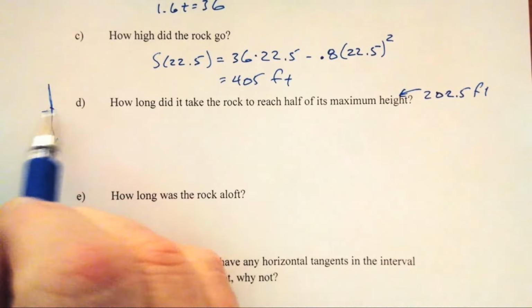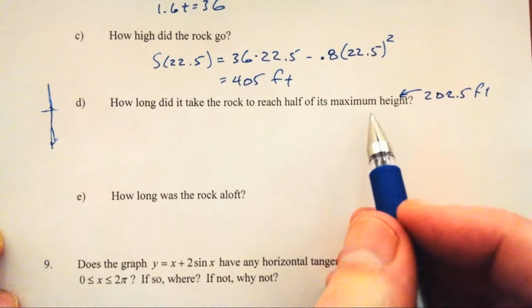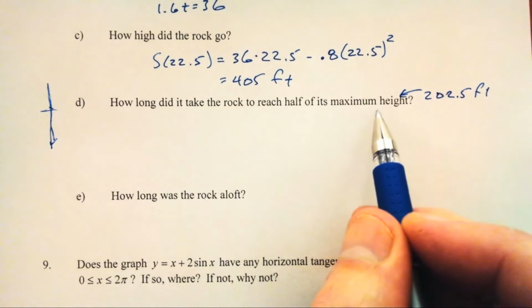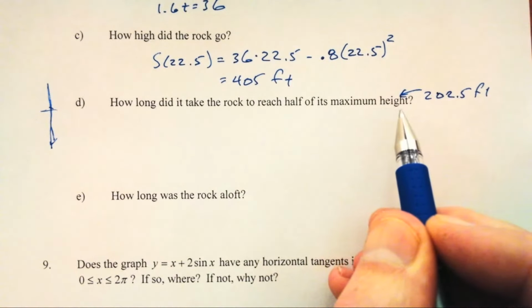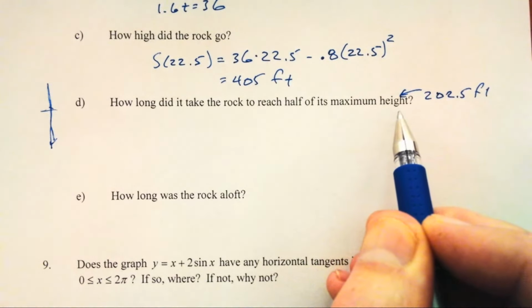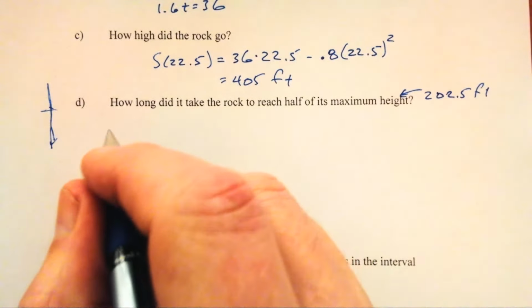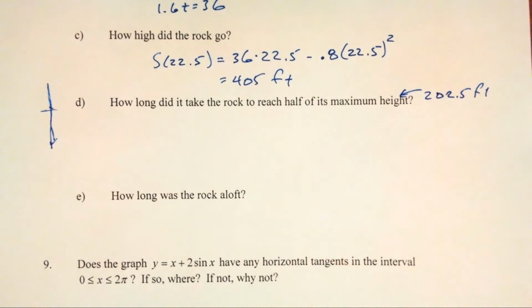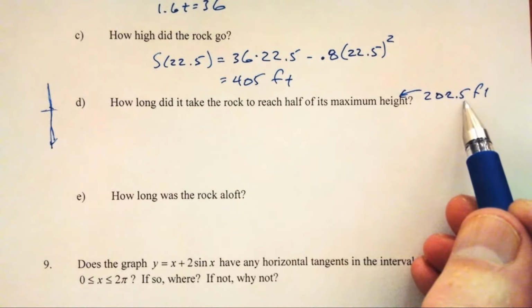Well, that's going to happen twice. I would probably reword this to say on the way up. How long did it take the rock to reach half of its maximum height as it ascended, or something like that? In other words, I want its position to be 202.5.